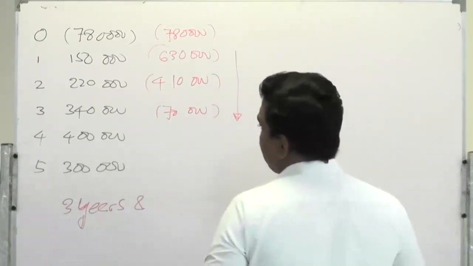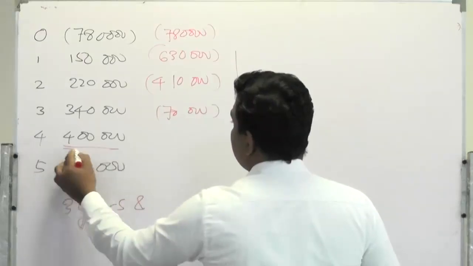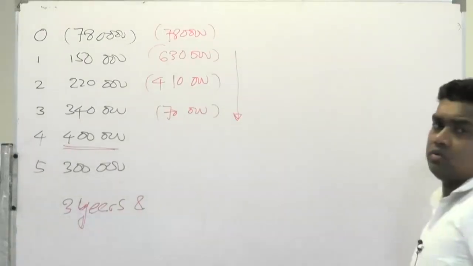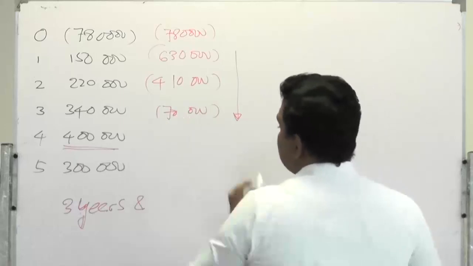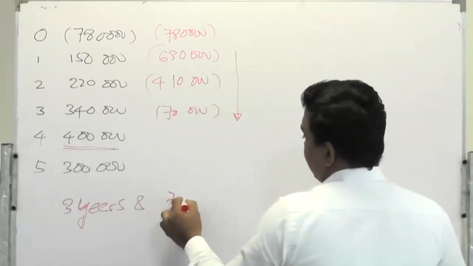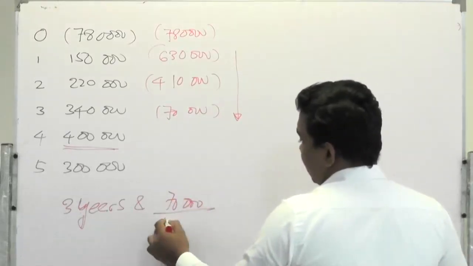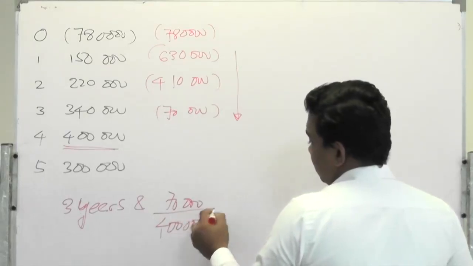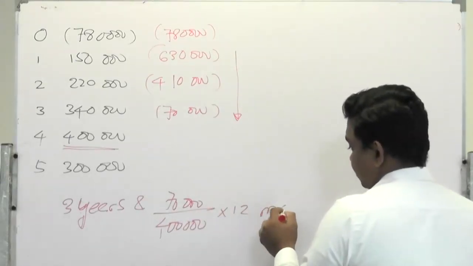How can we calculate the number of months? In the fourth year it will give you 400,000, but you need to recover only 70,000. Therefore, you divide 70,000 by 400,000 multiplied by 12 months.